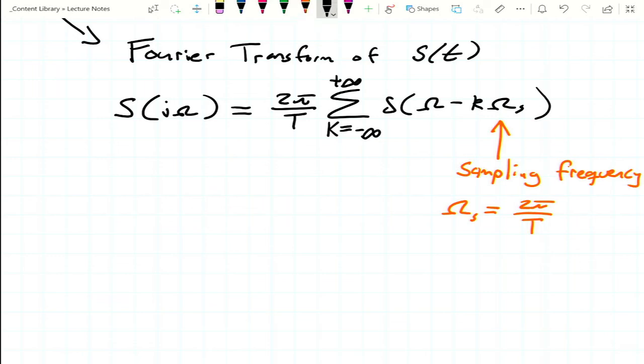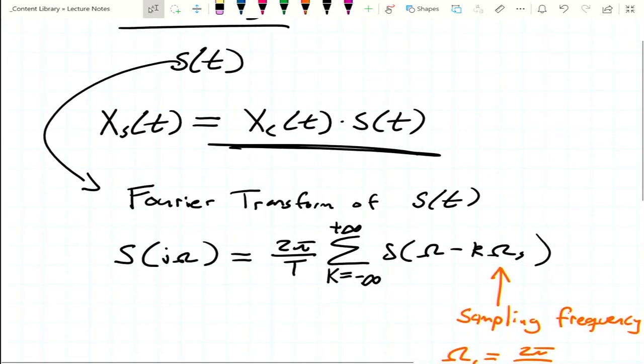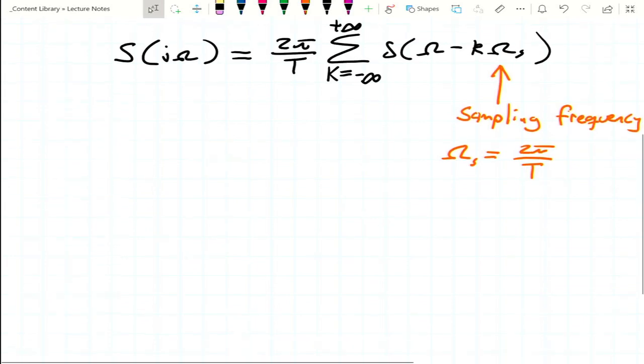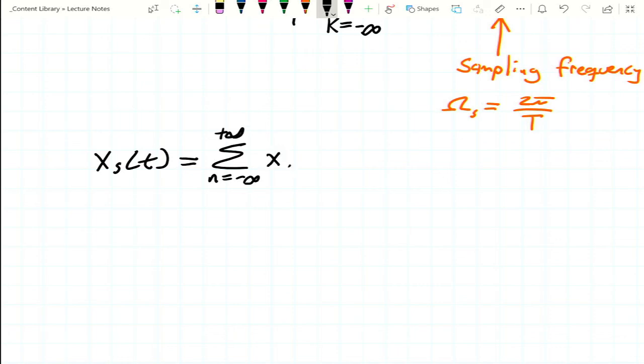Now from that, and from the fact that x sub s is equal to x sub c times our sampling function, remember that our x sub s of t is equal to the summation, the bilateral sequence, of x sub c of nT and delta of t minus nT. This is the equation that we got last time.